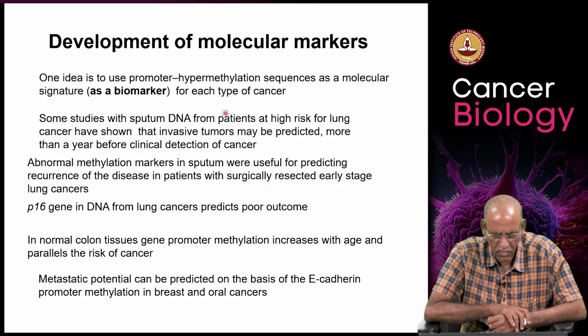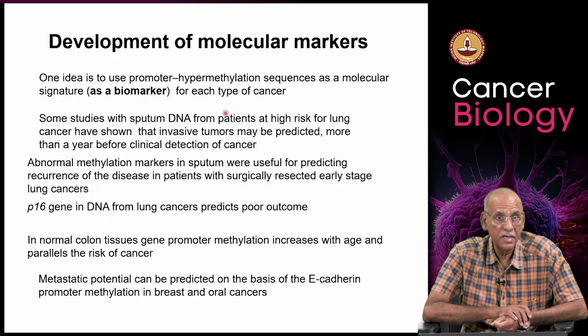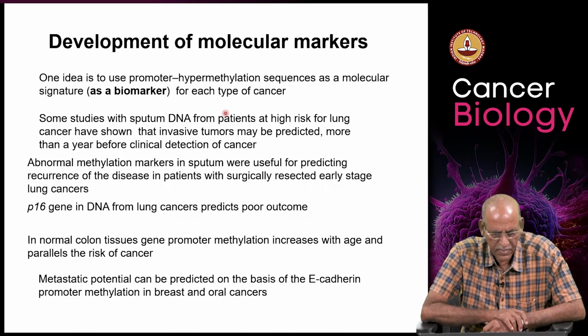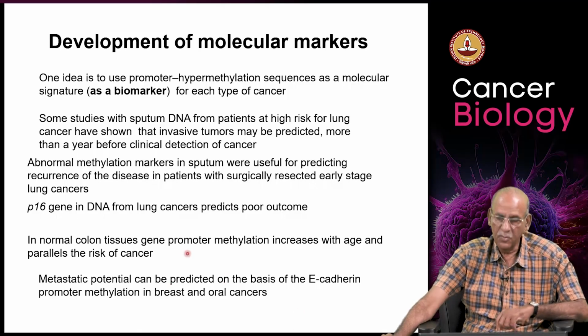Then in normal colon tissues, gene promoter methylation increases with the age and parallels the risk of cancer. This is just an observation. Metastatic potential can be predicted on the basis of E-cadherin promoter methylation in breast and oral cancers.